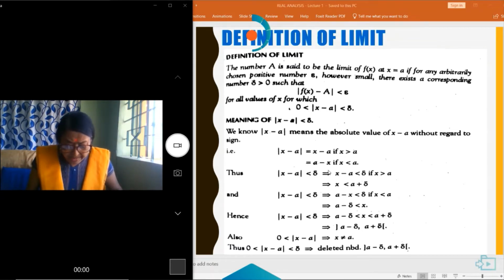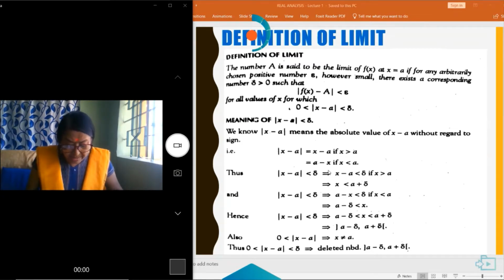So modulus of x minus a less than delta can be written as x lies between a minus delta and a plus delta, the open interval (a minus delta, a plus delta).